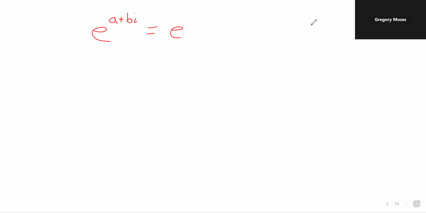And part of it is easy enough to do. I mean, we've got addition in the exponent that breaks the exponential apart. So how do we exponentiate an imaginary number?